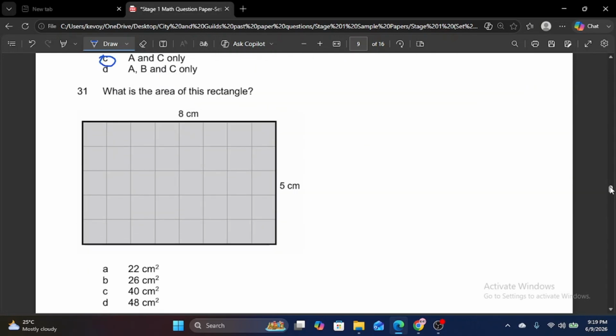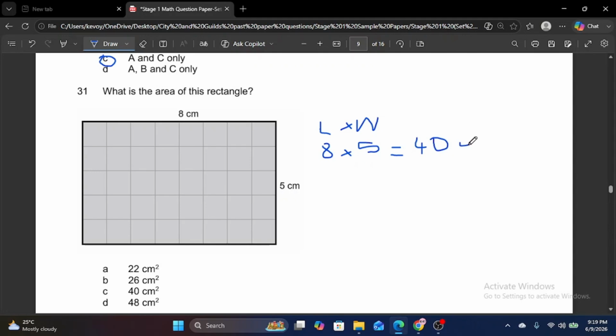Alright, so 31. What is the area of this rectangle? So the area of a rectangle is length times width. So that's going to be 8 times 5. 5 times 8 is equal to 40.